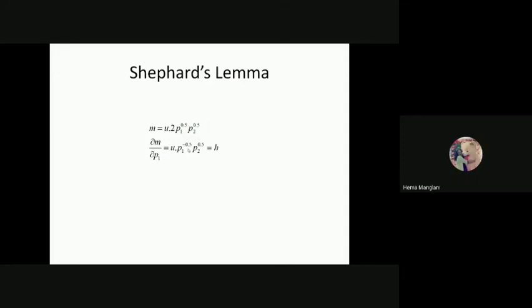Yes, Gopika, you asked. Ma'am, we just differentiate only with P1, not with P2. Yes, not P2, because here I'm only talking about the Hicksian demand function with respect to P1.